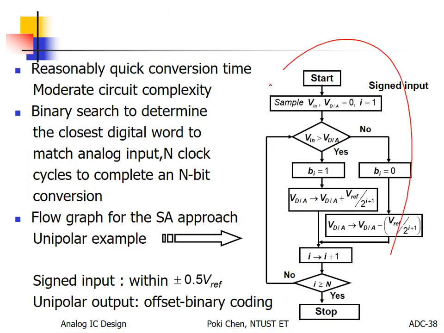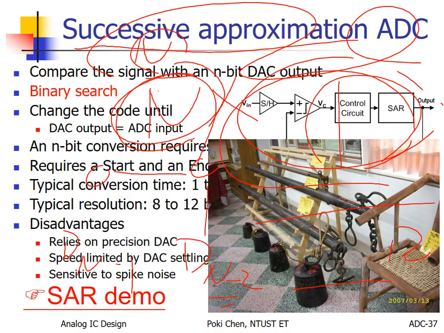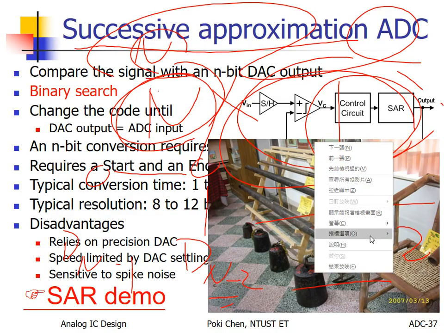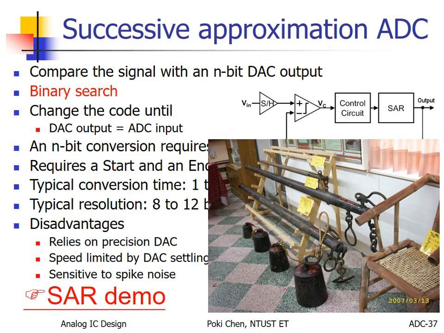Yeah, this is the data flow for binary search. Why do I show you this? We are analog IC designers, but for the control circuit, you can see the output is only 0 or 1.